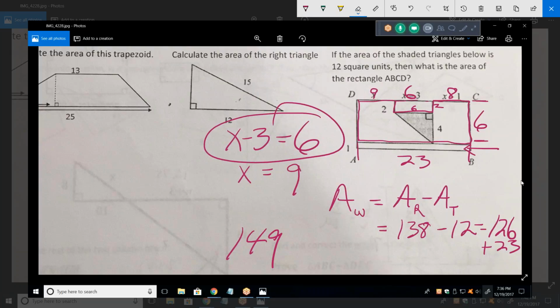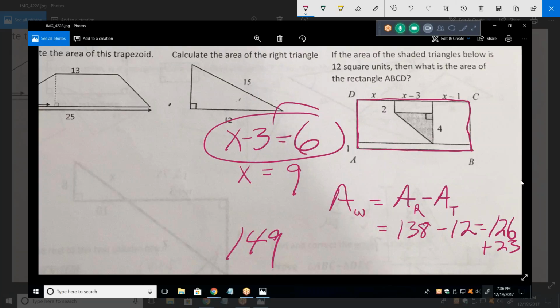Assuming, and I can only assume this, that the area they're referring to is that. That's 149.